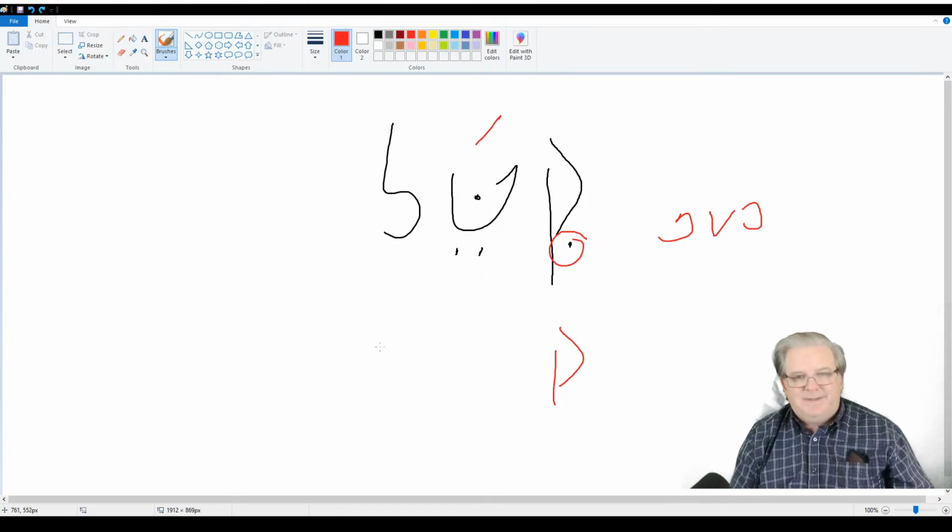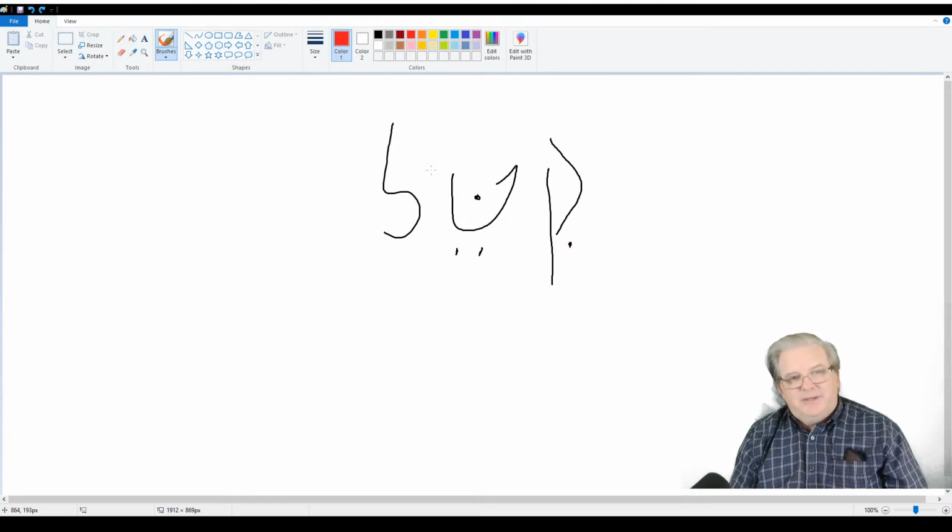Oh, you have to rewrite kittel to understand that this is a perfect example of if not. Is kittel, is this tet a Bagad Kapat letter? No. If not, then it is a dagesh forte.